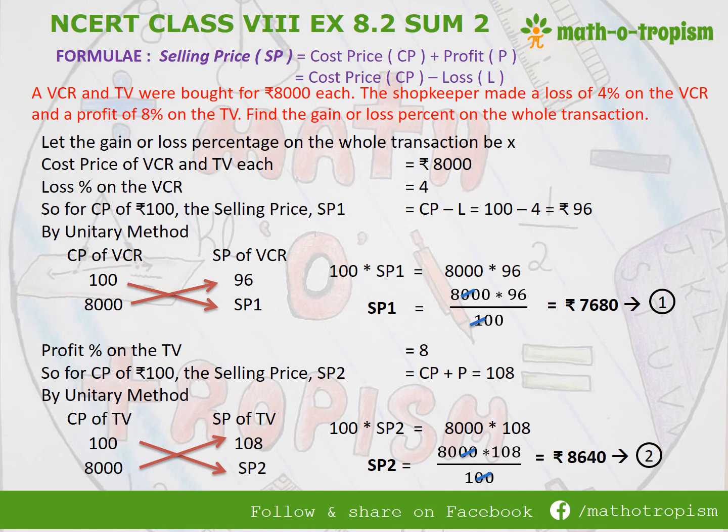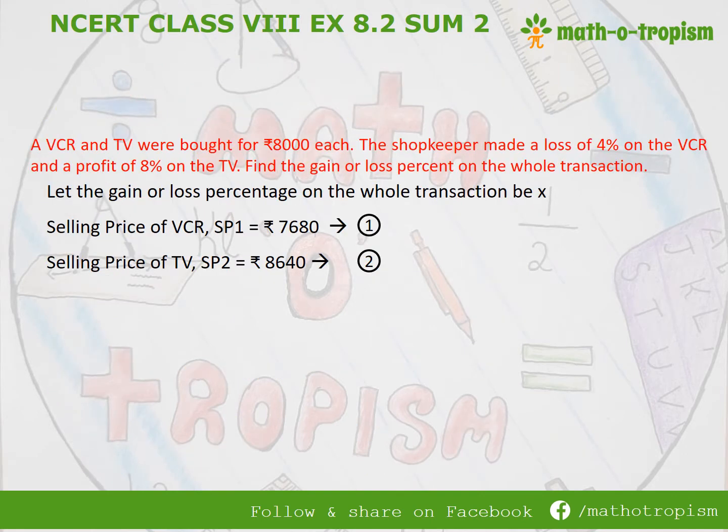So from here we can see that the selling price of the VCR is 7,680 and the selling price of the TV is 8,640. So continuing, we need to find the gain or the loss percentage on the whole transaction, which means we need to find the cost price and selling price of the whole transaction.